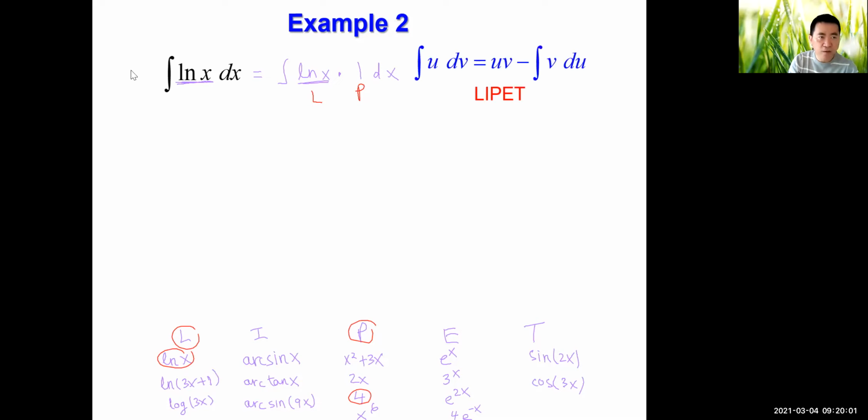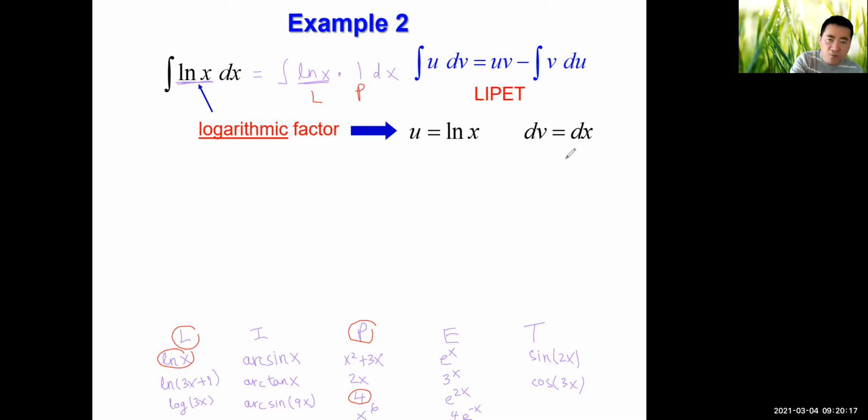So again, using the LIATE rule, this is the logarithmic factor, so we let u be natural log of x. And dv, well, I would like to put it as 1 dx here to be precise. So ln x is u, and dv is 1 dx.